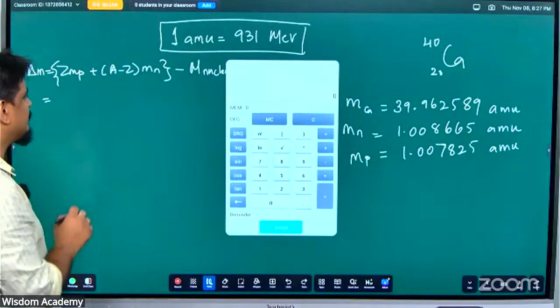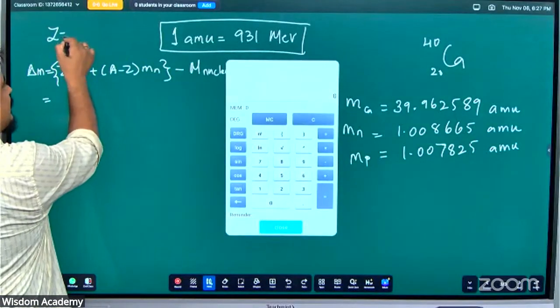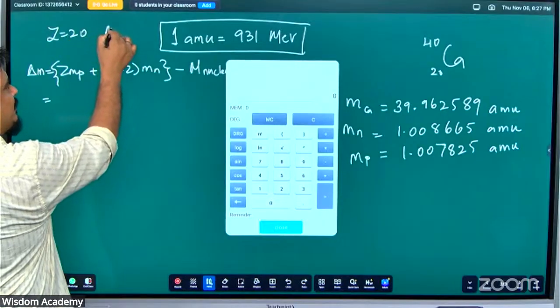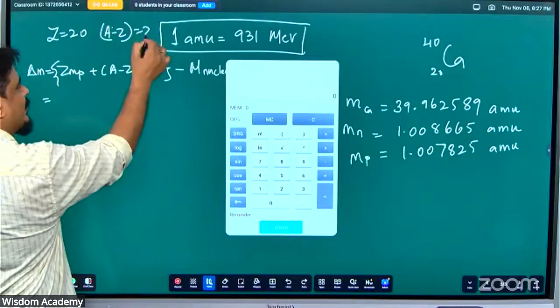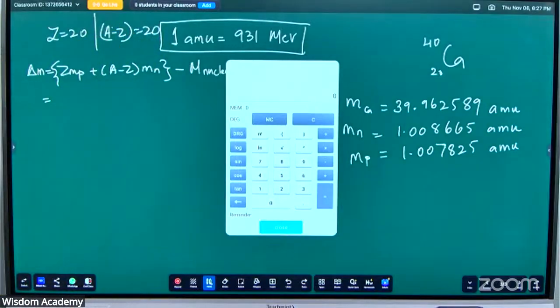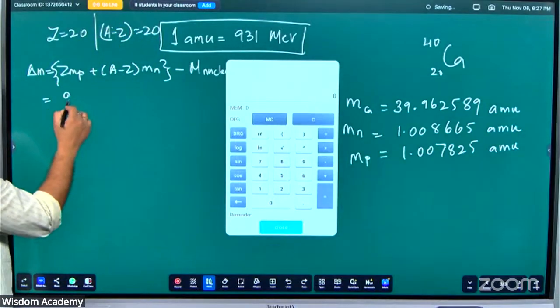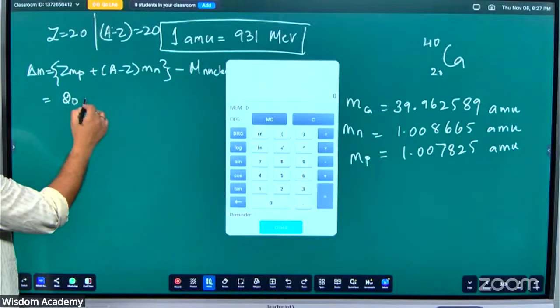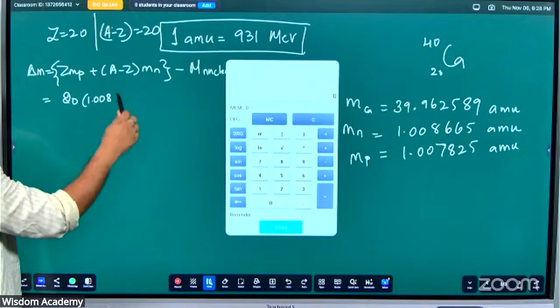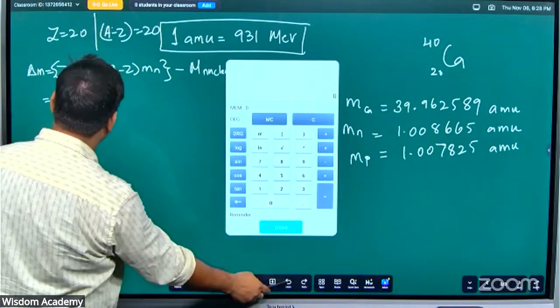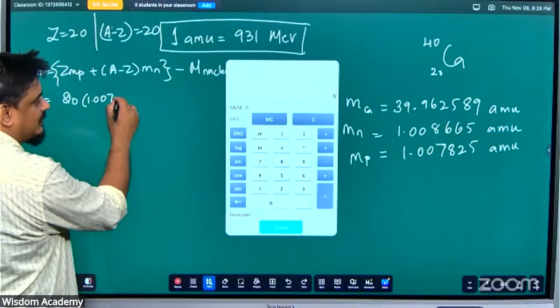Let us check now. So equal to Z times MP. First of all, what is Z in this case? Z will be 20. What will be N? That is A minus Z. A minus Z will also be 20, because number of protons is 20, number of neutrons is 20. So I'll write 20 times, what is MP? 1.007825.